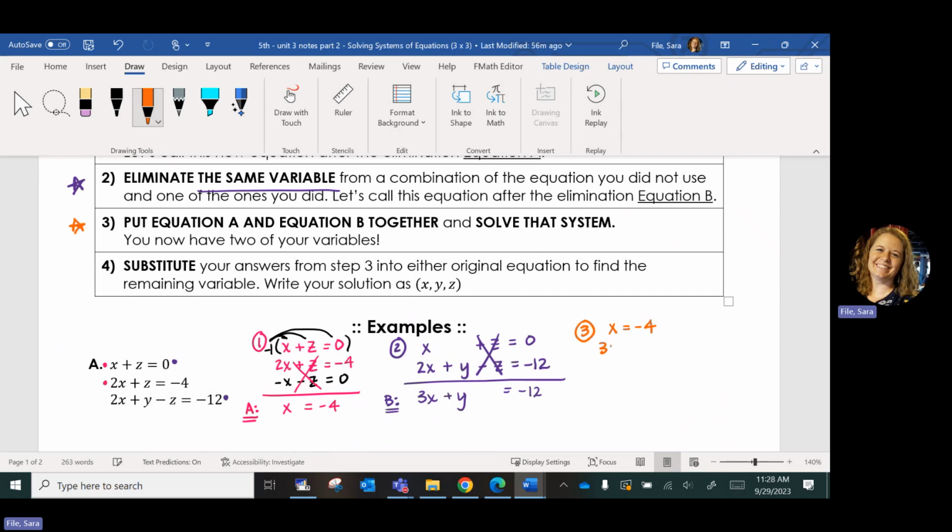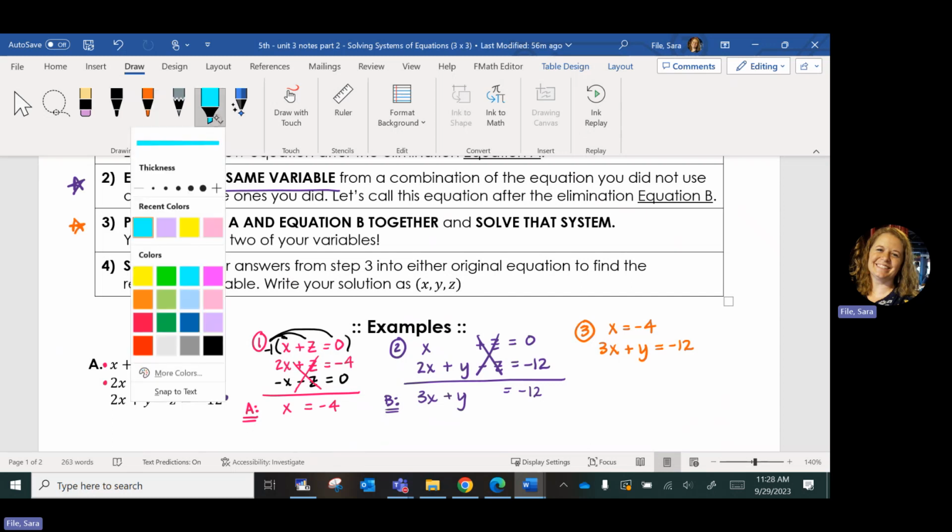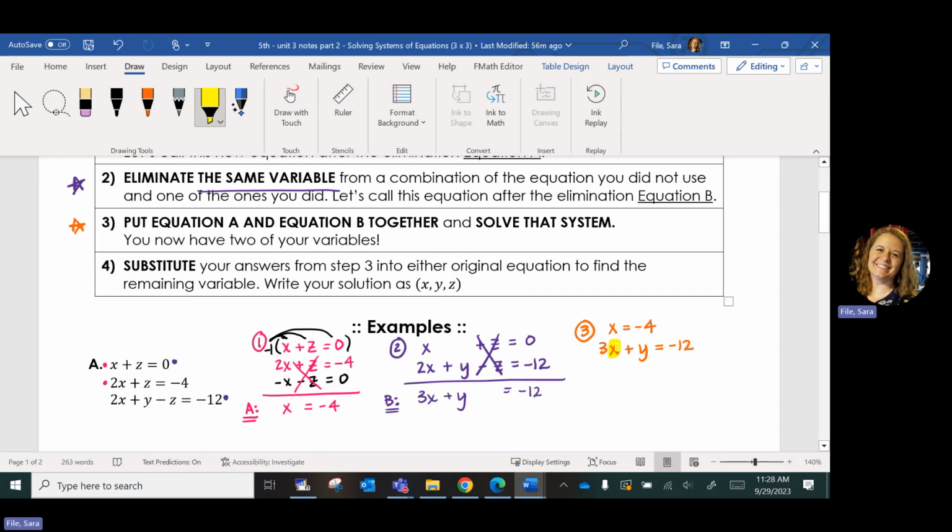In this particular example, since the first one is already solved for x, I think substitution's probably the easier method here. Because I can simply replace x with negative 4. So that's what I'm going to choose to do.